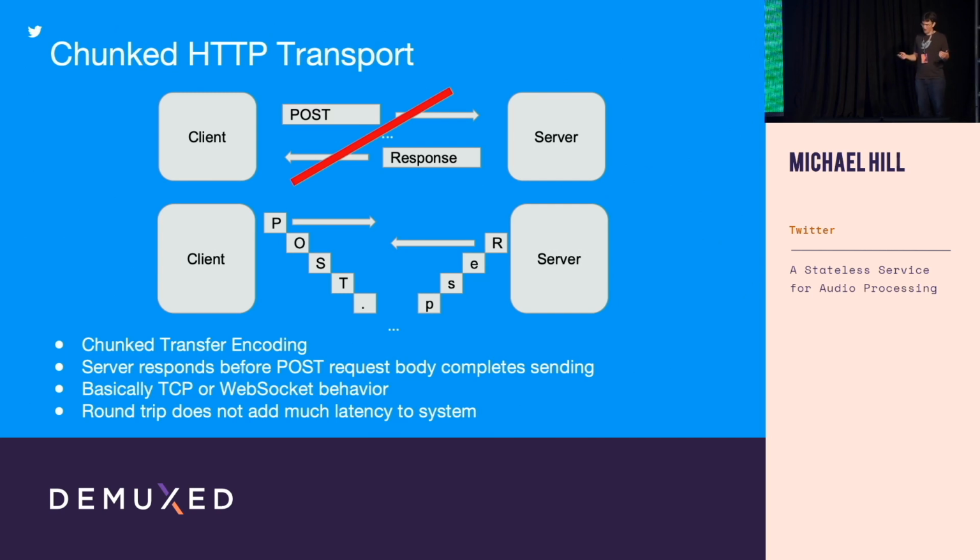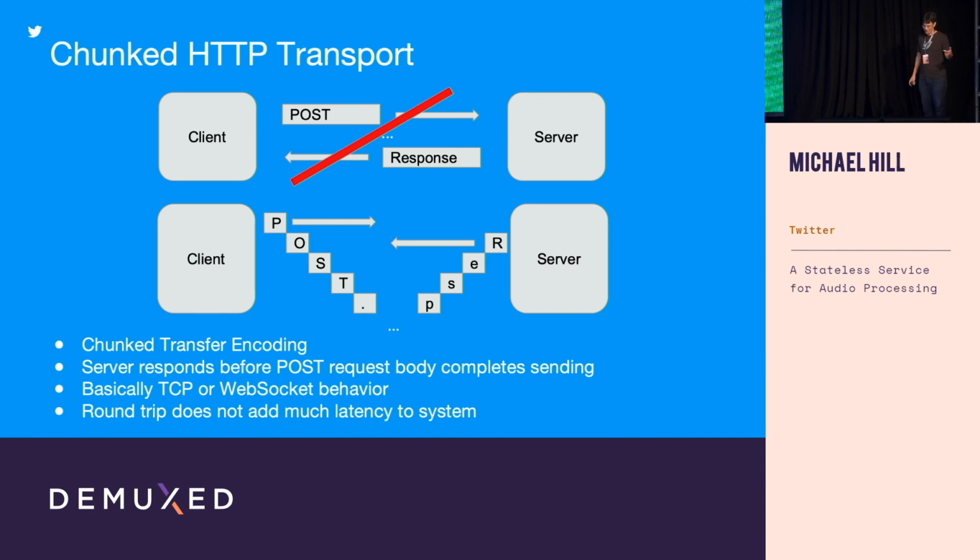So this is the transport between client and server. We're using chunked HTTP transport, a slightly hacked up version of chunked HTTP transport, chunk transfer encoding. It basically looks like a POST request, but instead of the normal way a POST request happens, where the entire POST body arrives and then you send the entire response, we are doing it a little bit at a time.